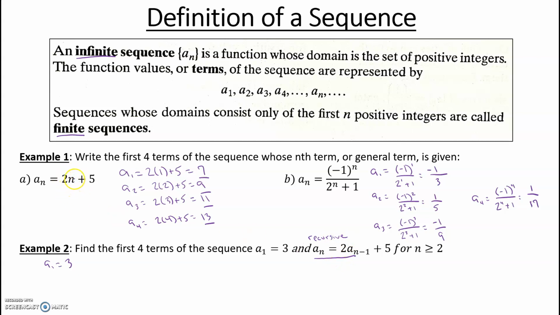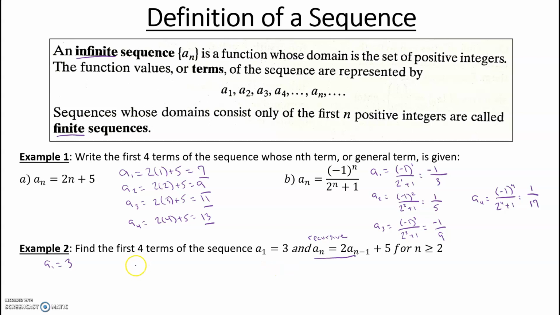If I wanted to find the 50th term, I would just plug in 50. If I wanted to find the 600th term, I would plug in 600. But here, you have to plug in the one that's right before it. So you have to have the term that was directly before it in order to do anything. You can't just find the 100th term without the 99th. So recursive formula is a little bit harder.